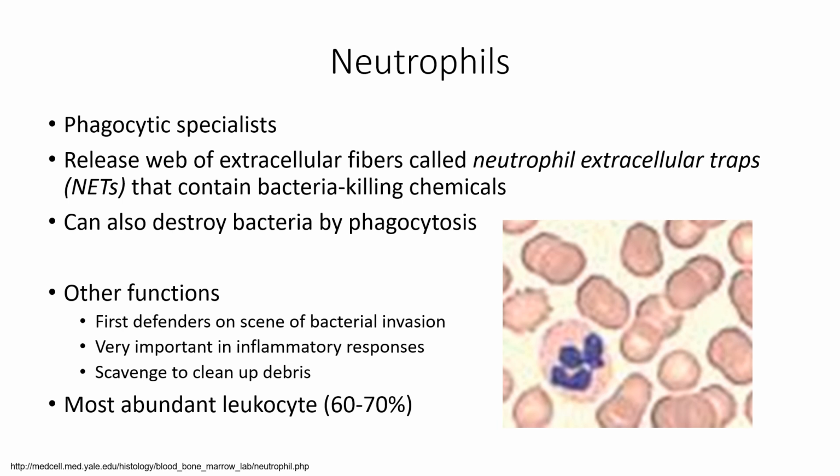They also can kill bacteria via phagocytosis. Their other functions are that they're the first defenders on the scene of a bacterial invasion, and they're very important in the inflammatory pathway, and they work to scavenge and clean up any debris. They are the most abundant leukocytes.